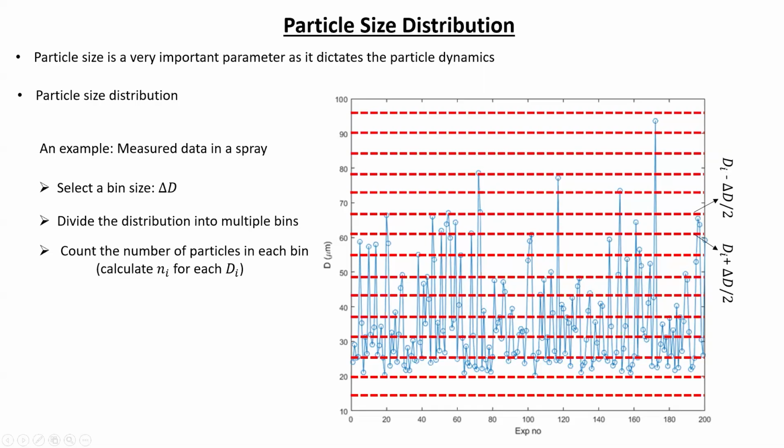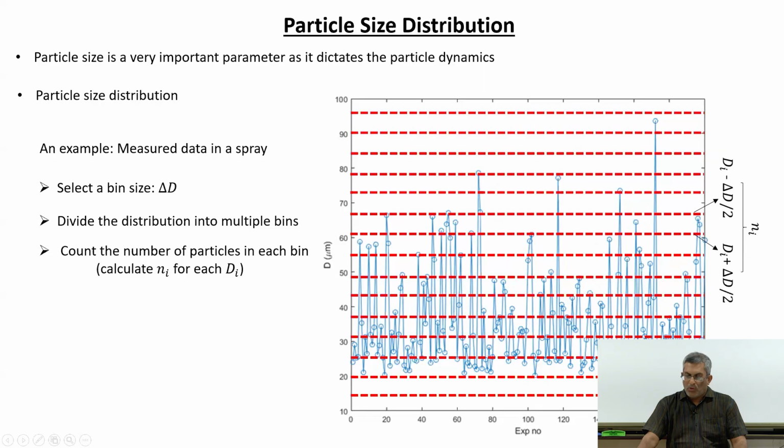Then we count the number of particles, and that is Ni. Now we go on doing this for all the bins. For example, for this bin you count the number of particles, in this case say 1, 2, 3, 4, 5, 6, 7, 8. So you note this number. So Ni for this bin is 8, and what is Di here? That is the center of this bin, the particle size at the center of this bin.